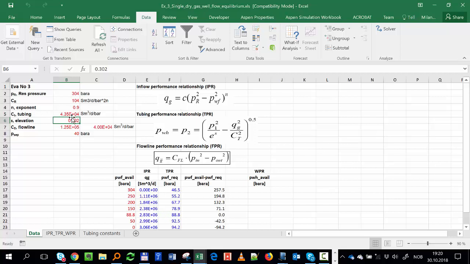This one. No, that we are going to do later. That's a flow line. That's another example.